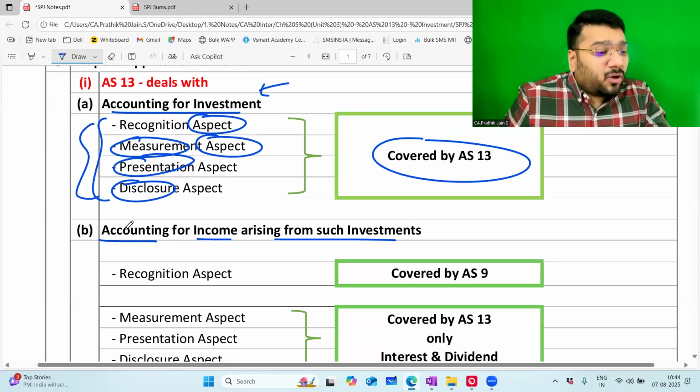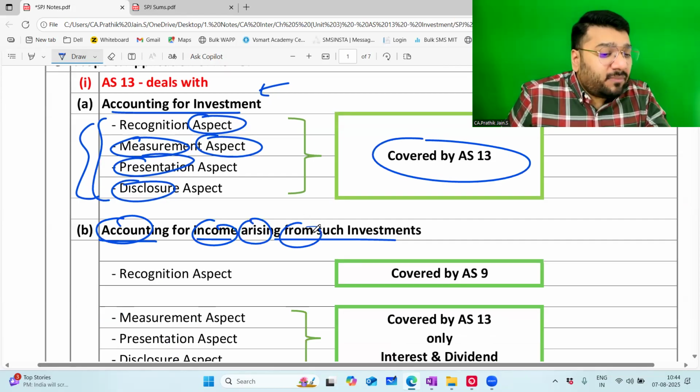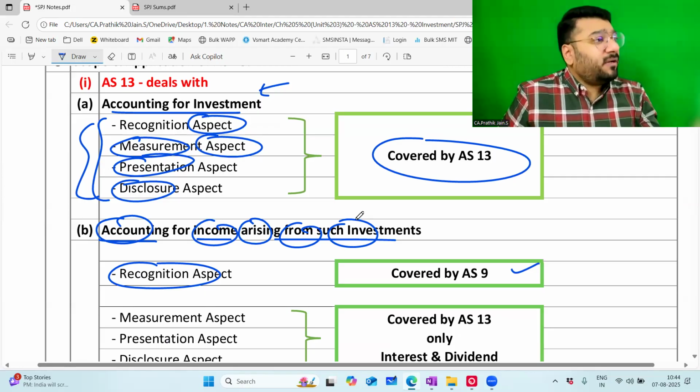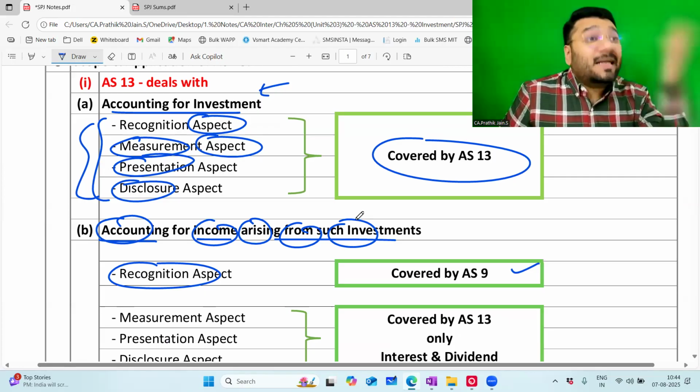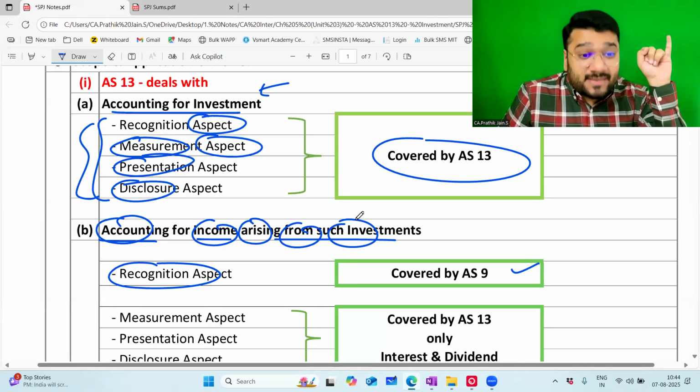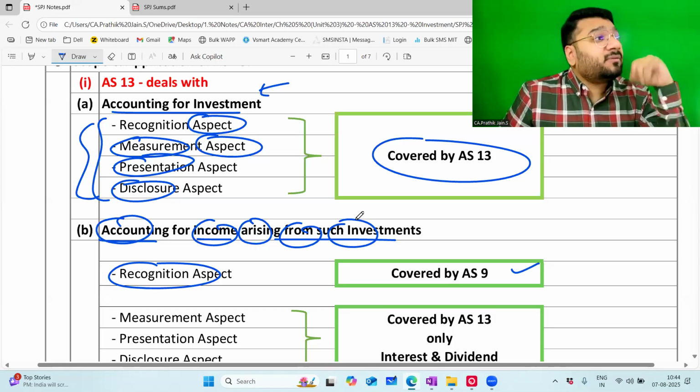But when I talk about accounting for income arising from such investments, the recognition aspect, when to record and how to record, is covered in AS 9. Sir, what is the meaning of income arising from such investment? When you make an investment, you have the intention to earn a return on it. So the return is in the form of interest. If I invest the money in interest bearing securities, what do I get in return? Interest.